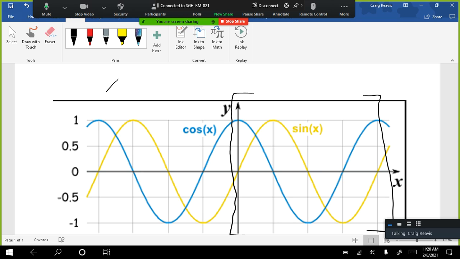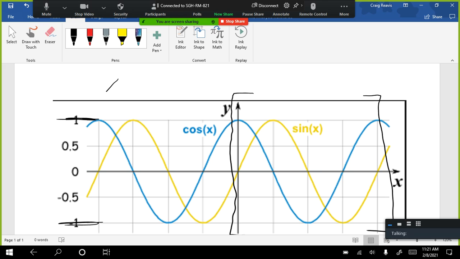You notice our standard sine and cosine goes from +1 down to -1. Our amplitude was the distance from the middle to the highest point. So on a standard cosine and sine, the amplitude is just 1, right? Because it goes up to +1 and down to -1.